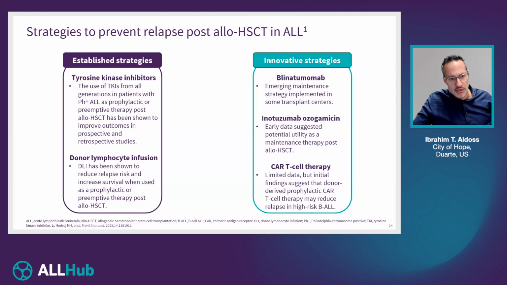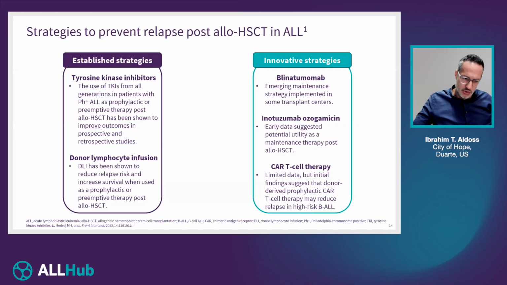Now, some established strategies: you have the tyrosine kinase inhibitor in Ph-positive ALL, and this was used as preemptive, where you monitor MRD, and once the MRD becomes positive, you start the tyrosine kinase inhibitor, but it can also be given as prophylaxis regardless of developing MRD relapse after transplant or not. The other mechanism that has been used is donor lymphocyte infusion.